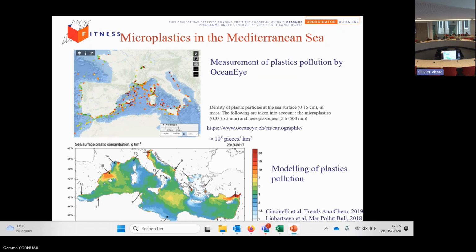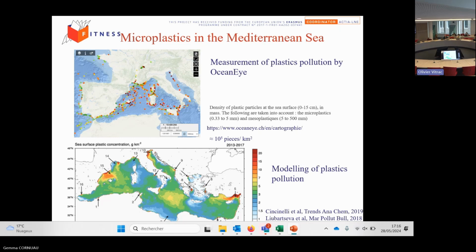You see here an extract of their cartographies, which are online on their website. When you want to know exactly what the pollution is at one point, you can go on their website and you have the numerical data there.